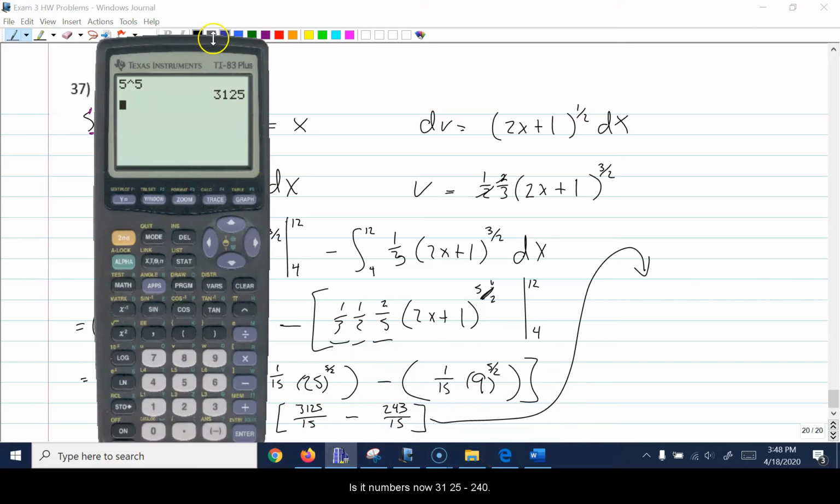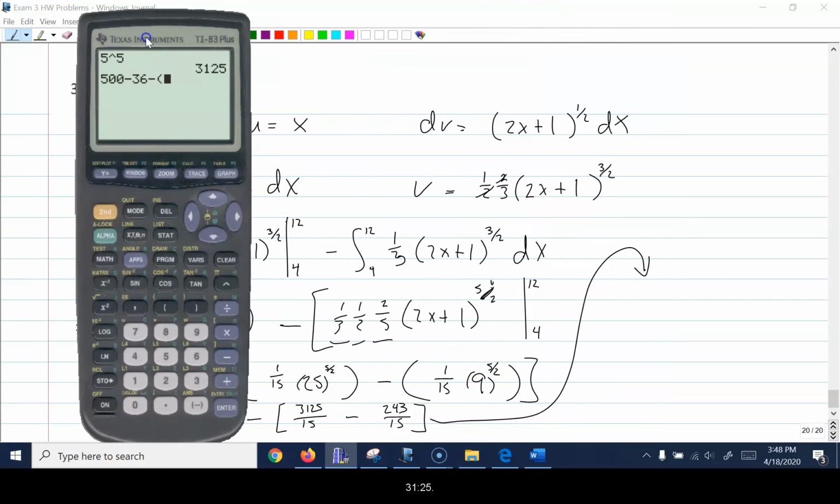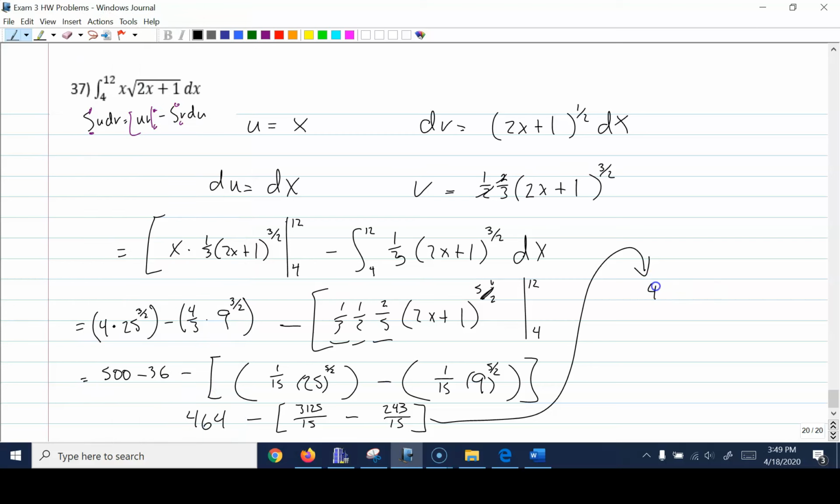Give me 500 minus 36 minus parentheses 3125 over 15 minus 243 over 15. Make it a fraction. 4078 over 15.